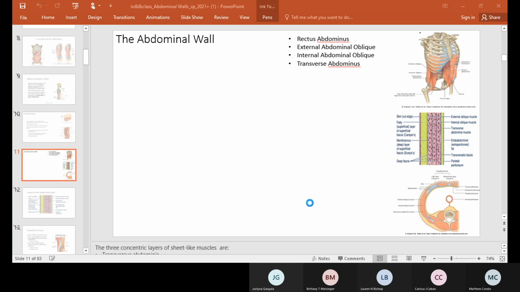When I unilaterally innervate external abdominal oblique, I will get same side, ipsilateral side bending, but contralateral rotation. Ipsilateral side bending, contralateral rotation with external abdominal oblique.